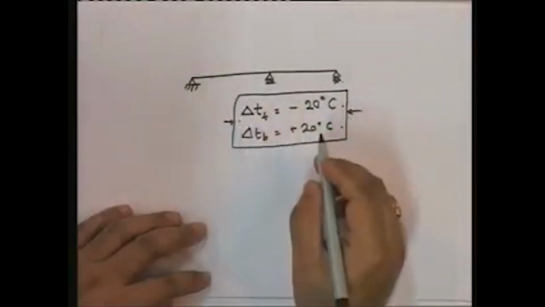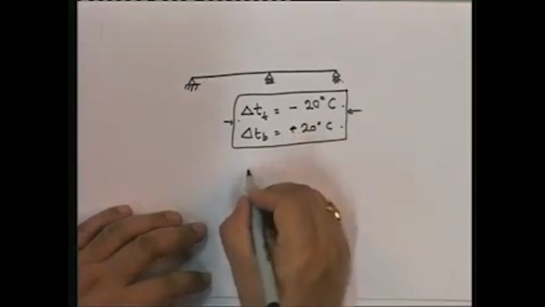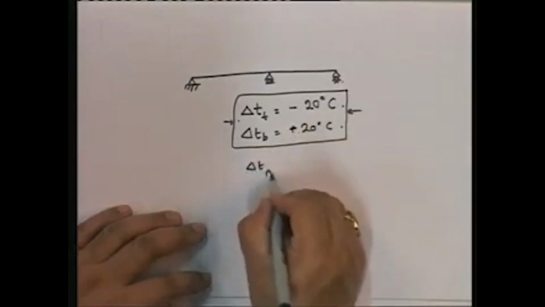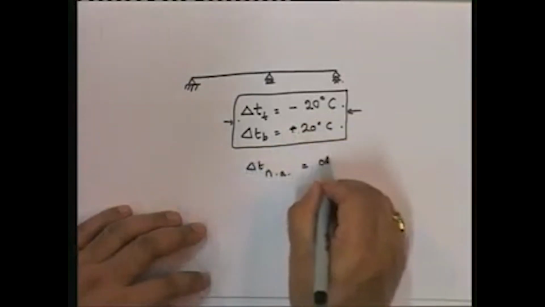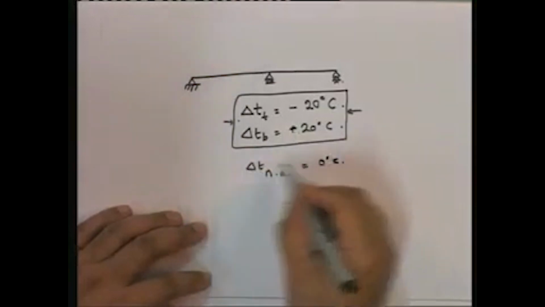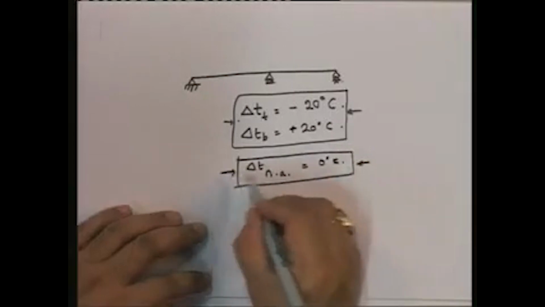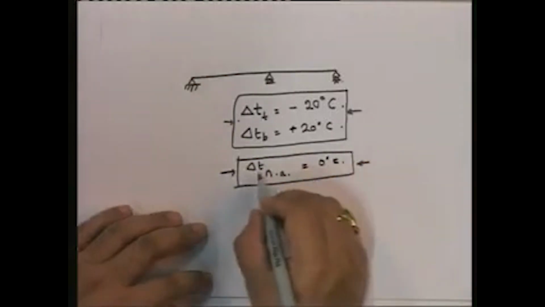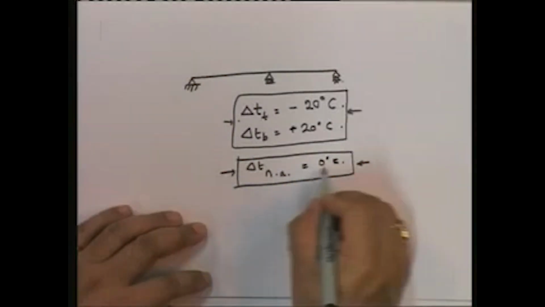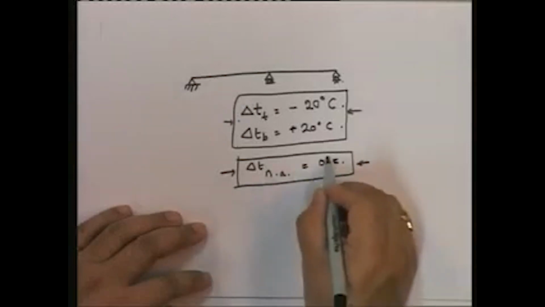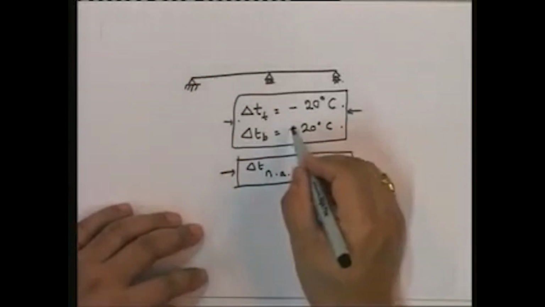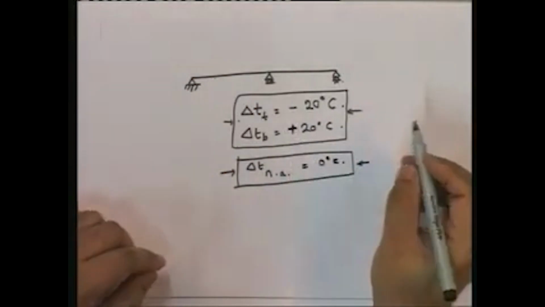Why have I put this situation? Because if you look at this, what is the delta T at the neutral axis? You will see it's 0 degrees. In other words, this temperature differential leads to pure flexure, because there is no strain in the neutral axis. That's why I'm setting up a pure flexure kind of a situation.